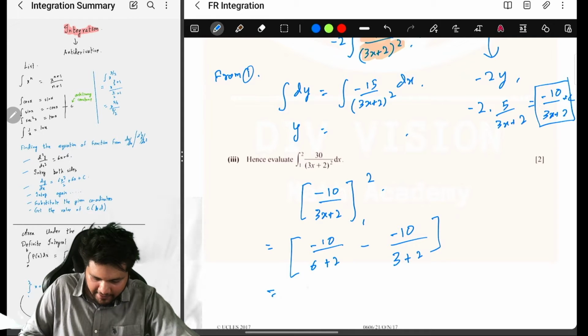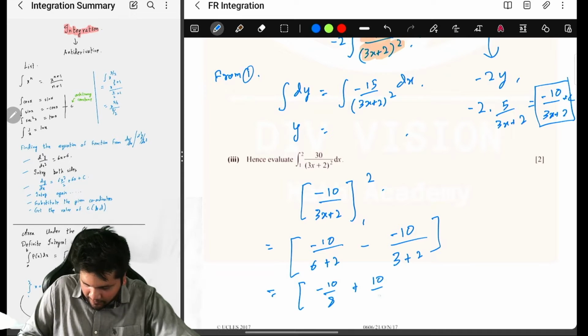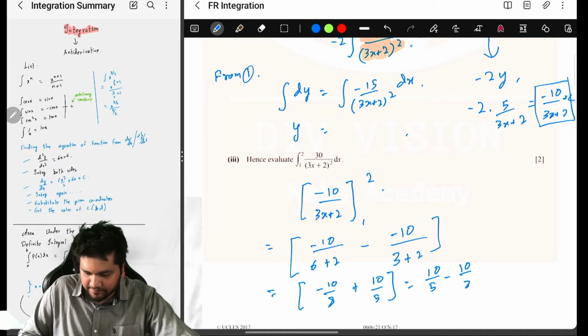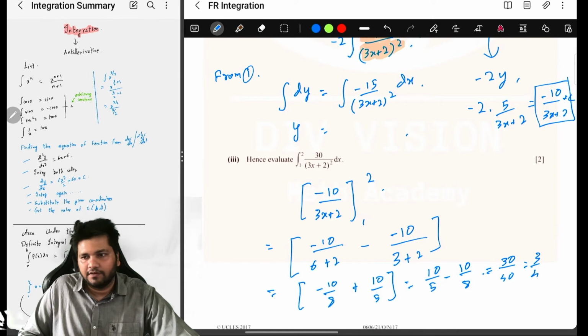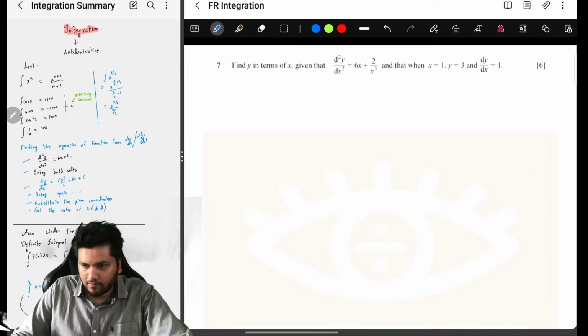So at the end what I'll get is -10 by 8 plus 10 by 5, which in turn will give me minus 10 by 8 plus 10 by 5, and that is nothing but 80 minus 50 by 80, which is 30 by 40, and that will give me 3 by 4. So that's my definite integral.